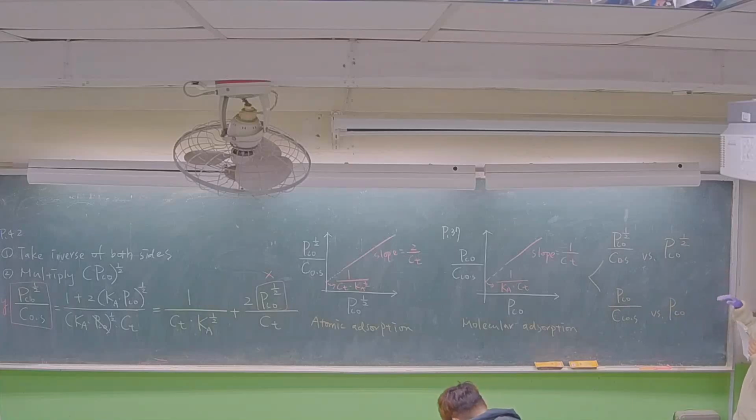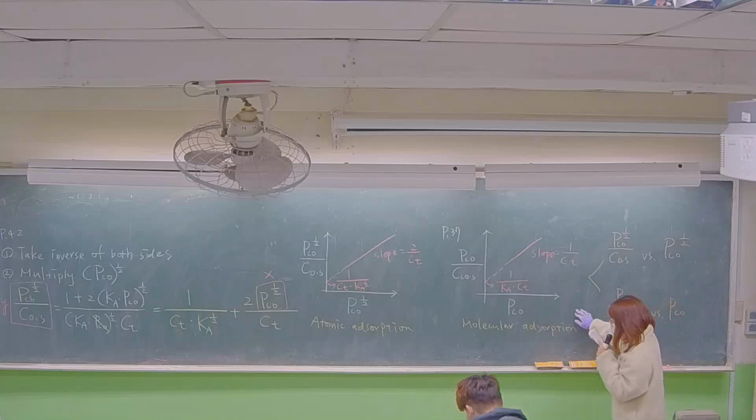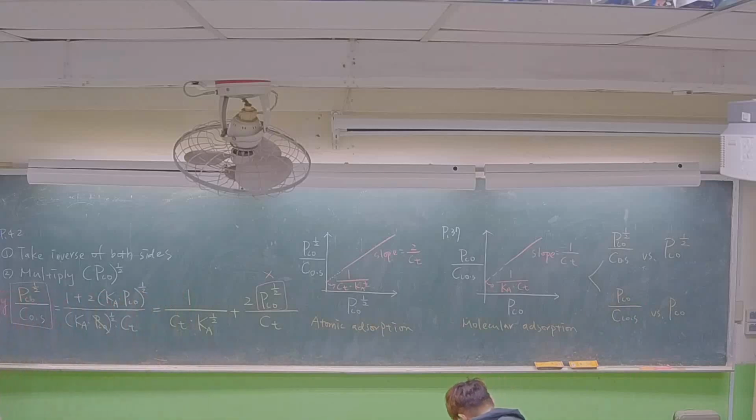Which one is more like a line? That means the behavior of your experiment is more like atomic or molecular. So please understand how to derive the equation and how to use the equation to plot these two figures, and how to tell the difference between atomic and molecular adsorption. That is the adsorption part.